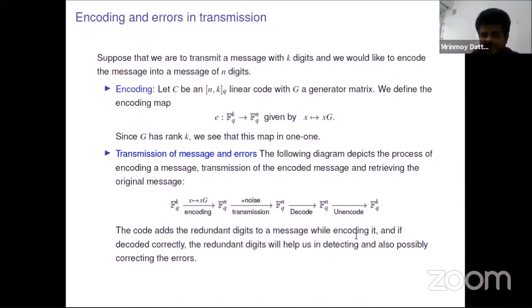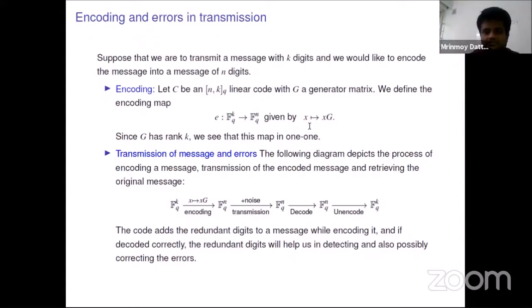Suppose that C is a linear code, and let us for the time being fix a generating matrix G, and we define the encoding map. Just to keep parity, I have called it E. It is a map from Fq to the power k to Fq to the power n. How is it defined? You take the row vector x, given by x1, x2, up to xk, and you send it to x times G.